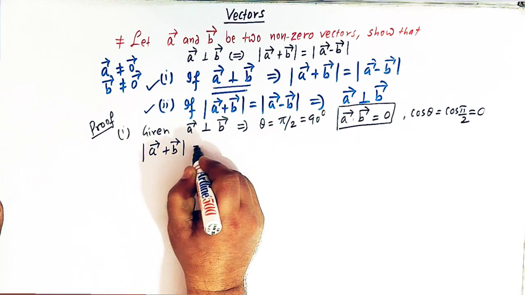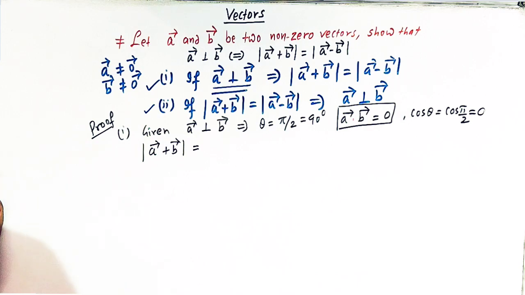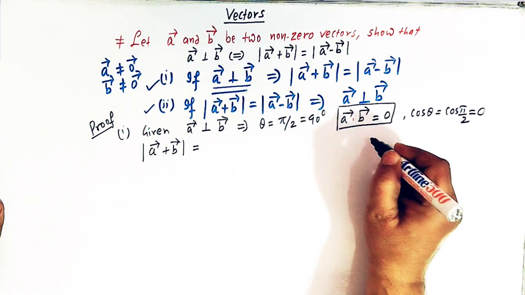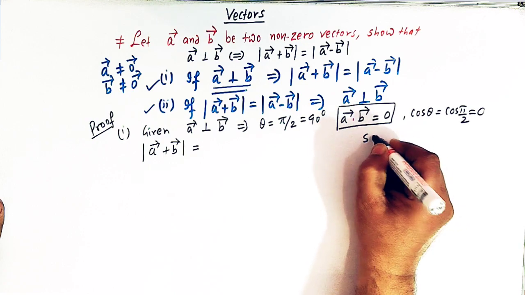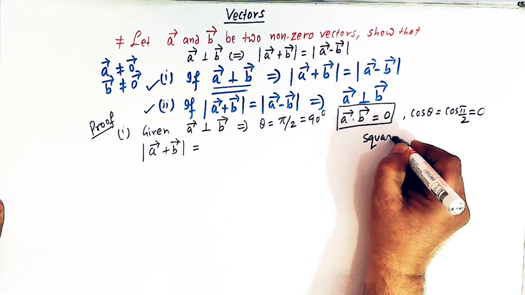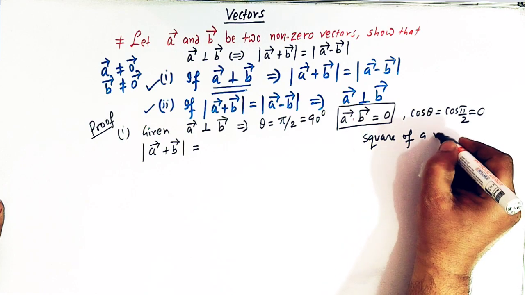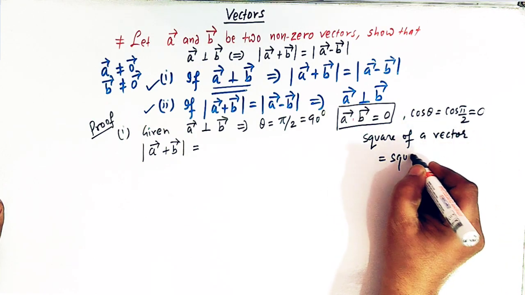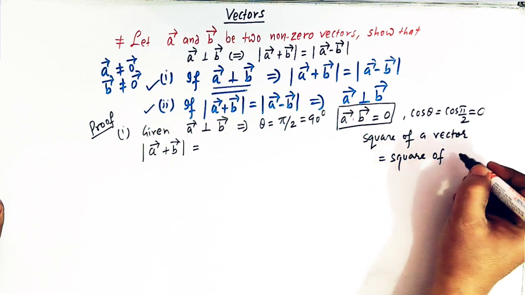Now to move further, we will make use of an important concept in vectors, which says that the square of a vector is equal to the square of its magnitude, right?